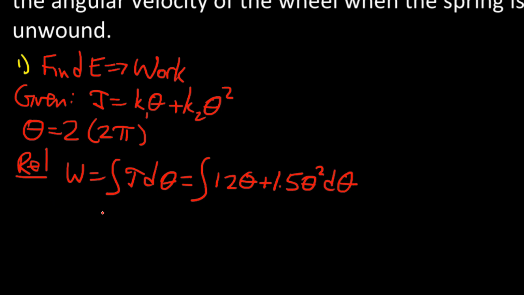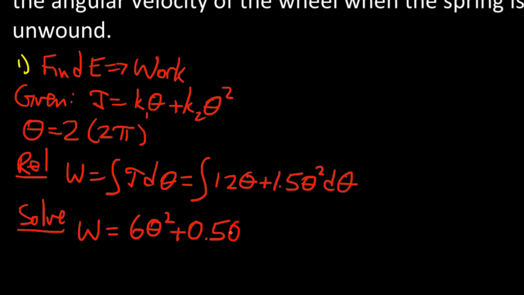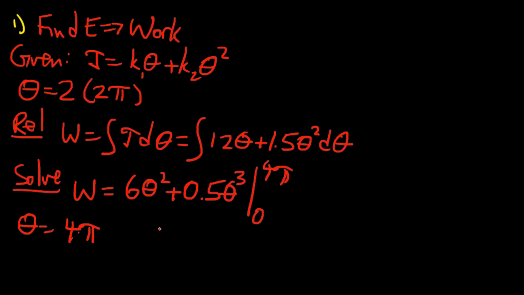Let's take the integral of that. Add 1 to the power, I get 6 theta squared plus 0.5 theta to the third, and we'll evaluate that from 0 to our new theta, which is 2 times 2 pi, 4 pi.